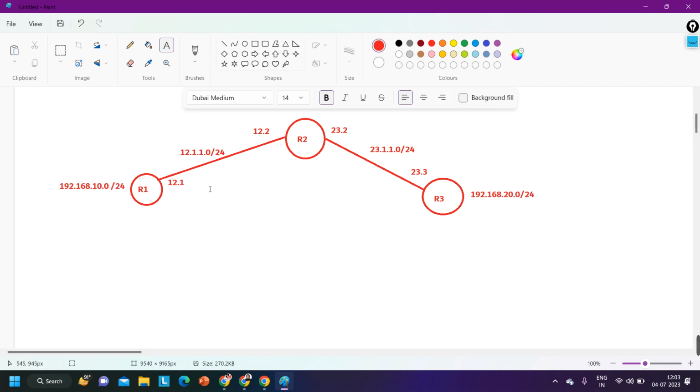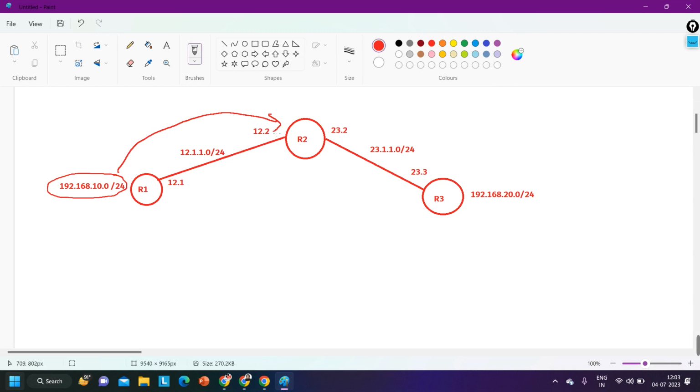So in dynamic routing, what will happen? Router 1 will share this network, 192.168.10.0, with its neighbor, meaning router 2. And router 2 will share this network information to router 3. This is how router 3 will learn 192.168.10.0.